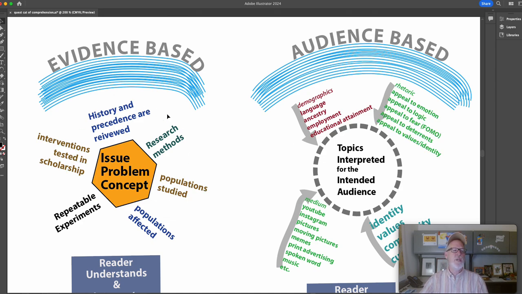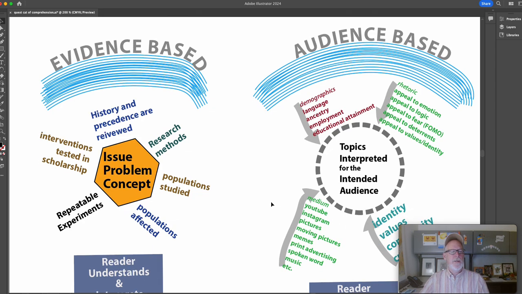None of those appeals are going to show up on this side. But that's fine because again, we want this constructed and interpreted for us. The medium matters. They'll talk about our identity and values and the community. Whereas this one is open to any community, any values, any interpretation. It's meant to stand on its own so anyone can make what they want from it.